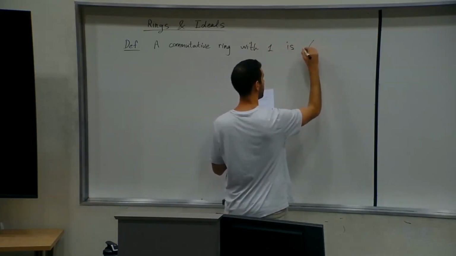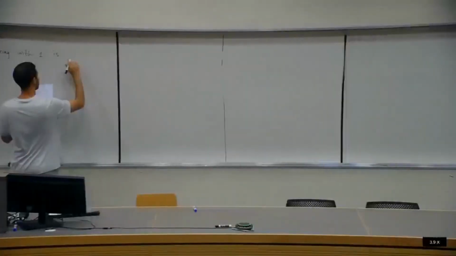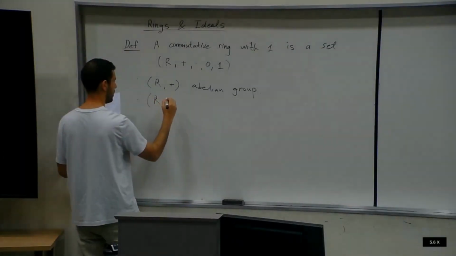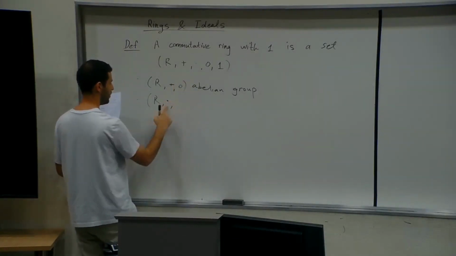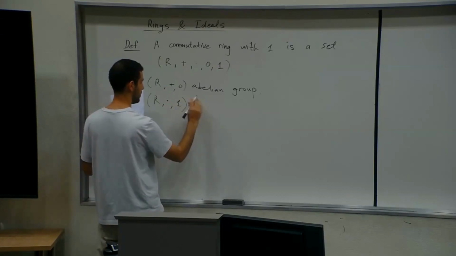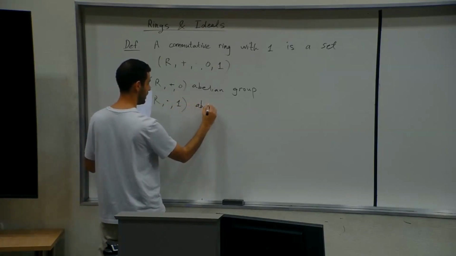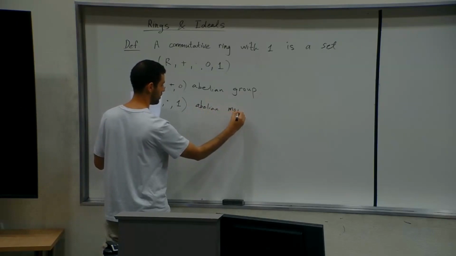It is a set R with 2 operations, the addition and multiplication, and special elements 0 and 1, such that R with the addition is an abelian group, where 0 is the neutral element, and R with the multiplication is an abelian monoid.